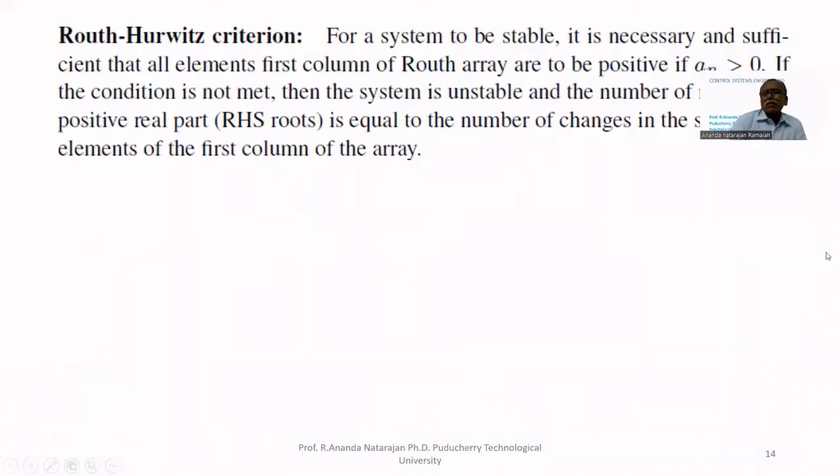But beyond that, it is very difficult to find the roots of the denominator, that is the poles of the system. That's why it's difficult to say the location of the poles. So there is a procedure to find the location of poles, whether on the right hand side, left hand side, or on the j omega axis. For that, there is a criterion called the Routh-Hurwitz criterion. Let us see that.